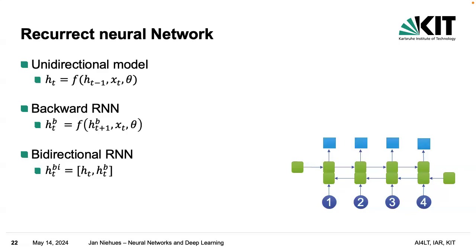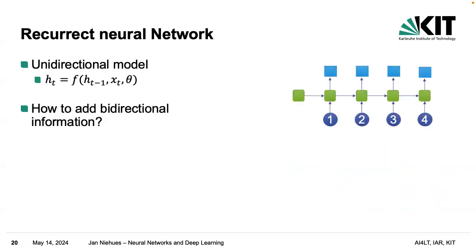Maybe one comment: you said we can just add an arrow there. That is not as simple. Maybe the easiest thing would be to have in our forward model just arrows in both directions. But if you look at the formula, that would mean that h_t depends on the previous hidden state and on the future hidden state. Then you have a recursion which you can no longer directly calculate, because hidden state 1 depends on hidden state 2, and hidden state 2 depends on hidden state 1.